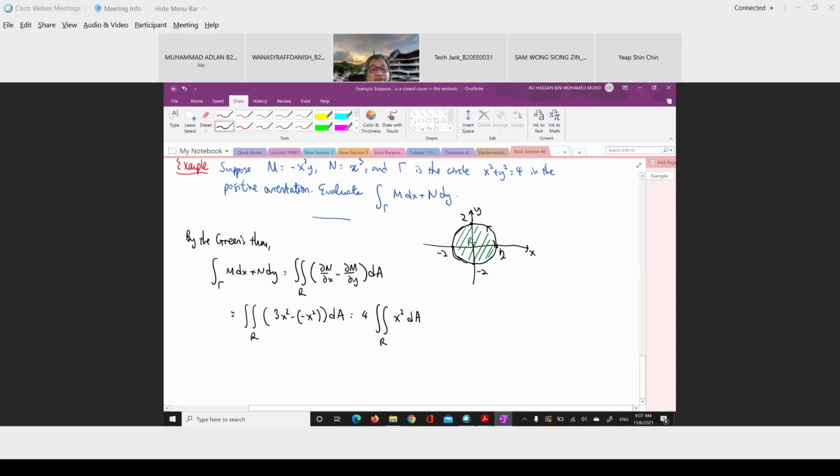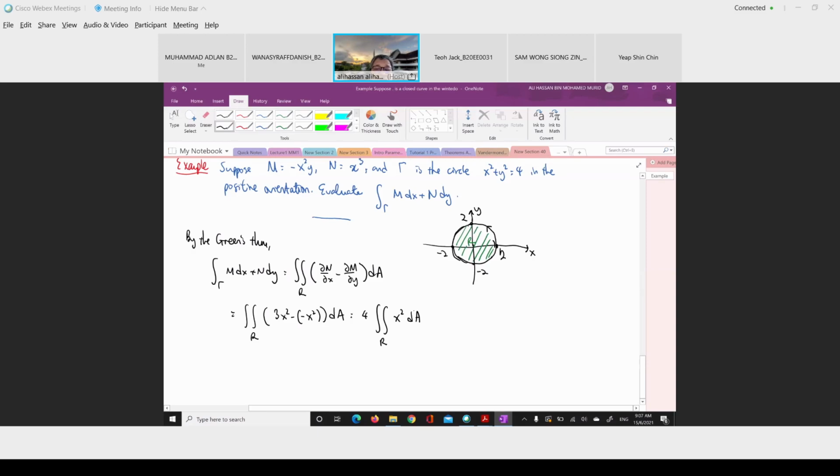Any suggestion how to evaluate this double integral? Use polar coordinates. Yes, because the region R is a circle, the best way is to use polar coordinates.